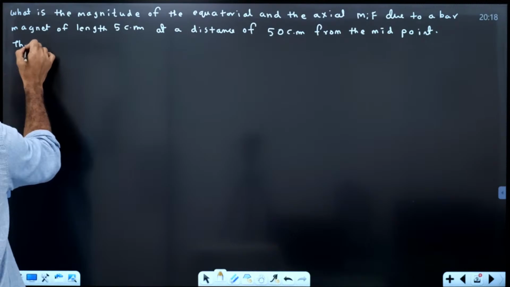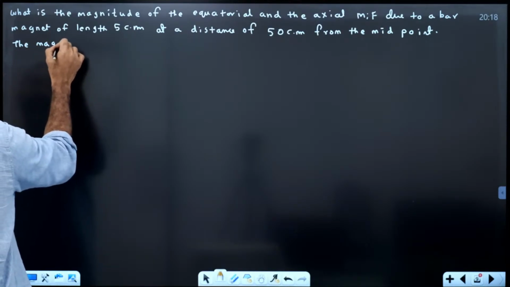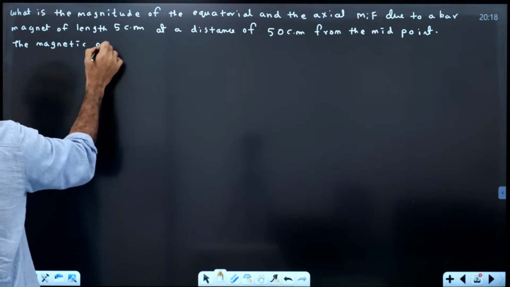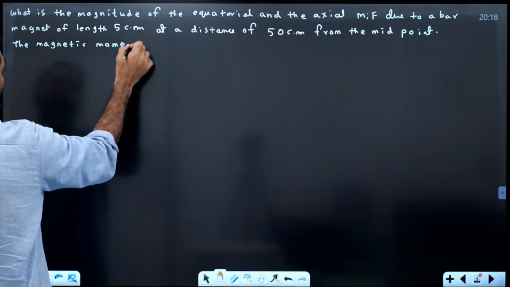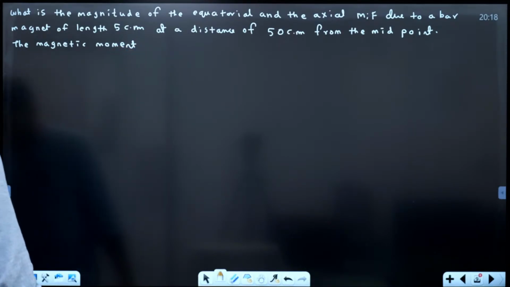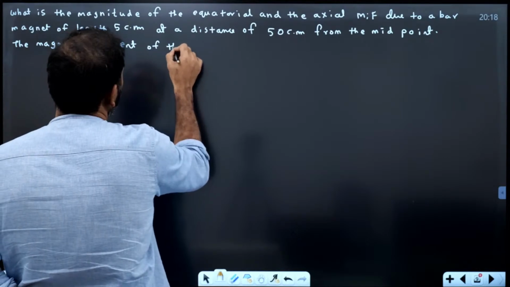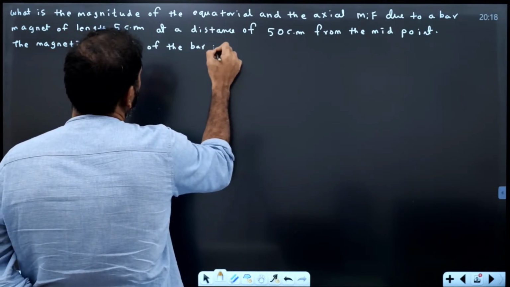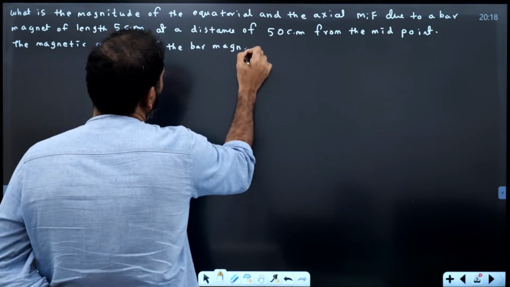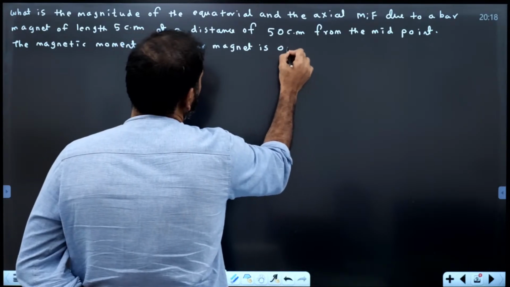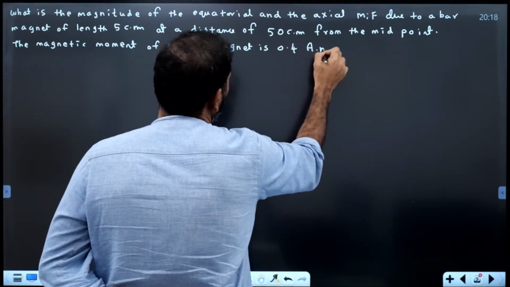The magnetic moment of the bar magnet is 0.4 ampere meter square.